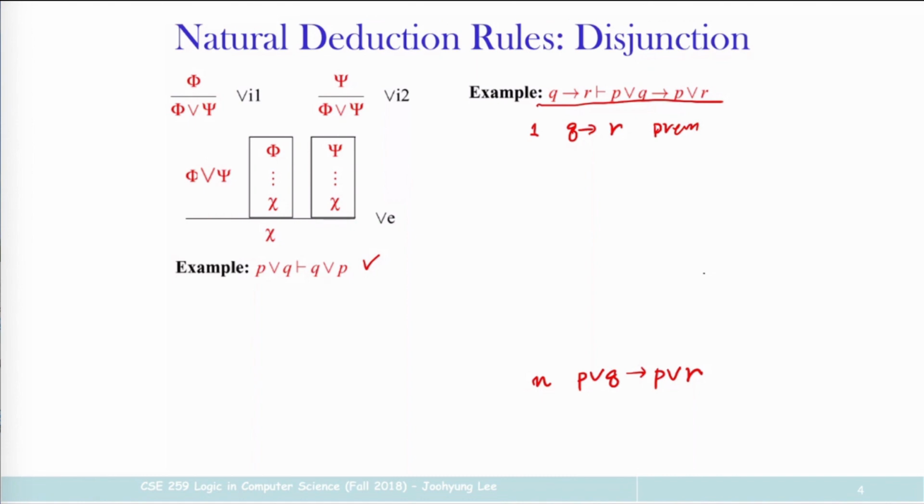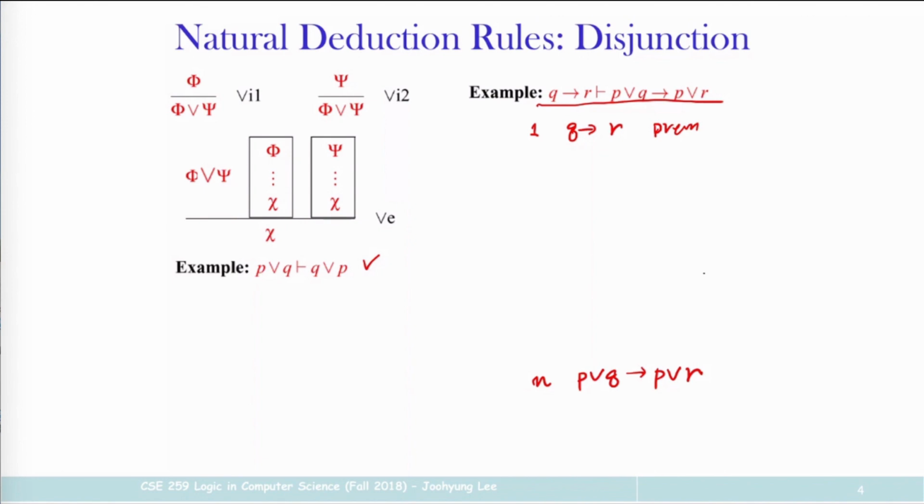How do we fill the gap? What should we do? It's not so obvious, right? Look at the goal. The goal has an implication, right? So which rule should we use just before the last line? To derive the last line, which rule do we have to apply?